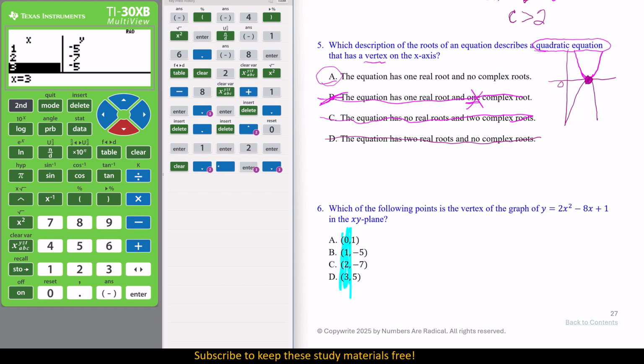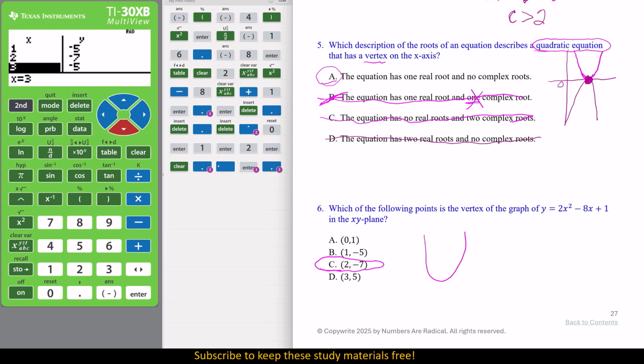So that would make sense, and that would tell me that option C with 2, -7 was actually the option that we needed. And 3 obviously isn't because it's shaped like this, and 1 and 3 would have been here, and down here our vertex is here. Well, that has been verified. So let's try number 7.